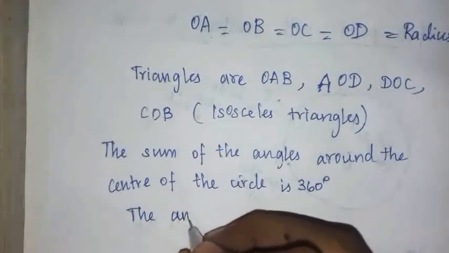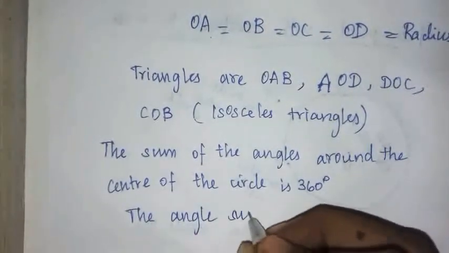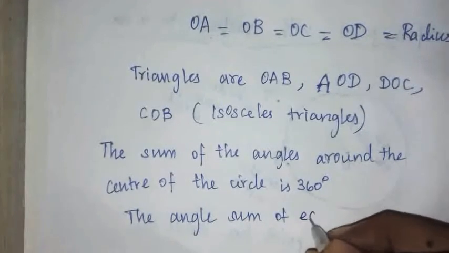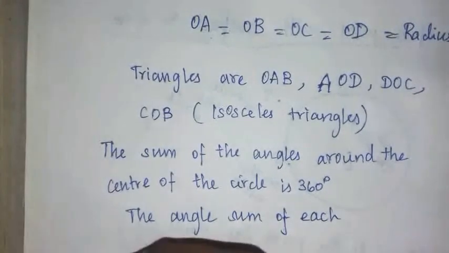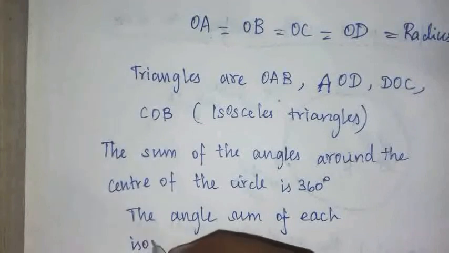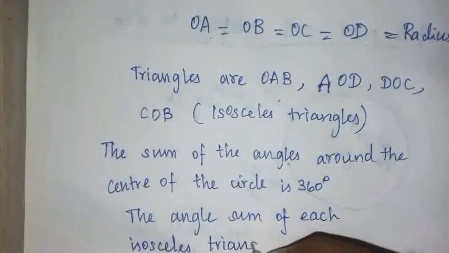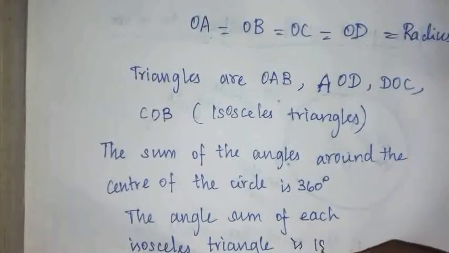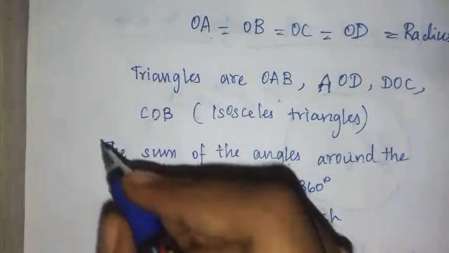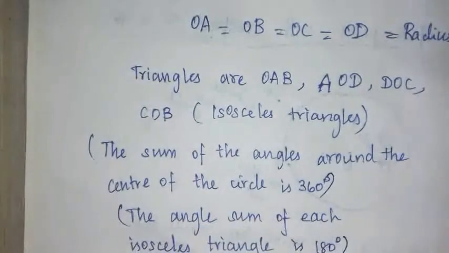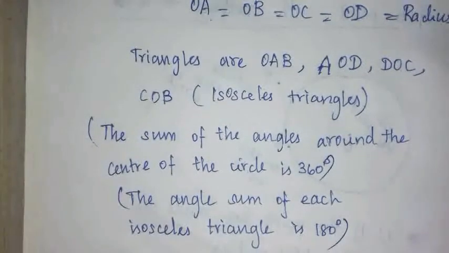The angle sum of each isosceles triangle is 180 degrees. Here two proofs we have written. This we have studied in our lower classes. What are the proofs?